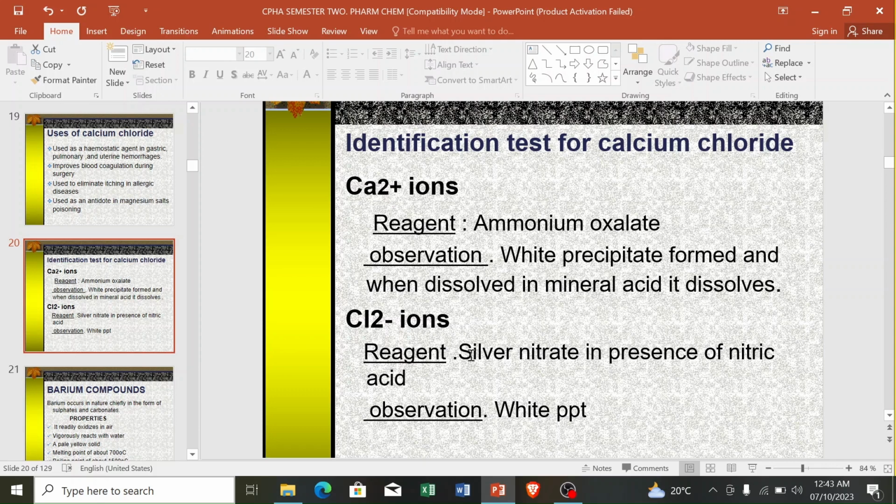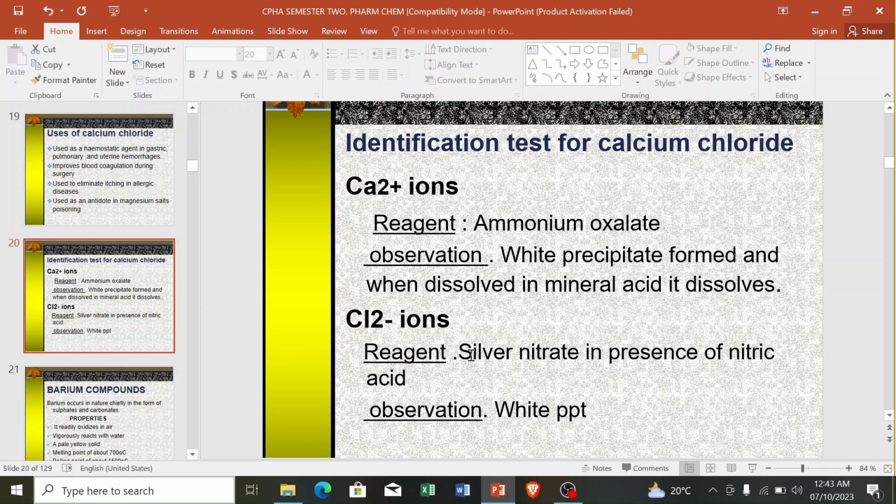We prepared calcium chloride from a carbonate, most preferably calcium carbonate, by reacting it with an acid. The most preferred acid we took was hydrochloric acid, giving us calcium chloride, water, and carbon dioxide gas. This calcium chloride formed can be hydrated for us to have water of hydration.